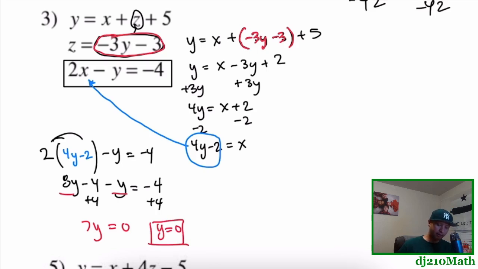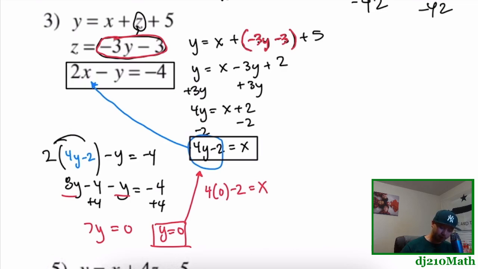Okay, I need to plug that in somewhere to solve for x. So going into here, this is 4 times 0 minus 2 equals x. In fact, this should be boxed because that was the whole key. So 4 times 0 is 0. Minus 2 is equal to x. So x is equal to negative 2.